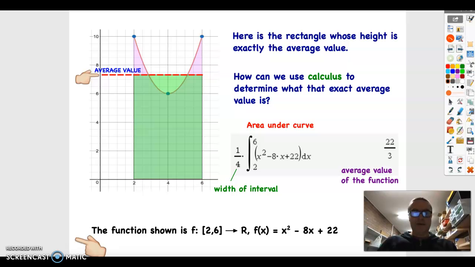So in this case, taking the area under the curve and dividing it by the width of the rectangle gives us the average value of the function, which is 22/3, which is 7 1/3 or 7.33, pretty close to my guess of 7.25, but the exact average value is 22/3.